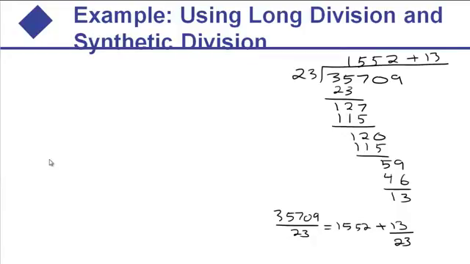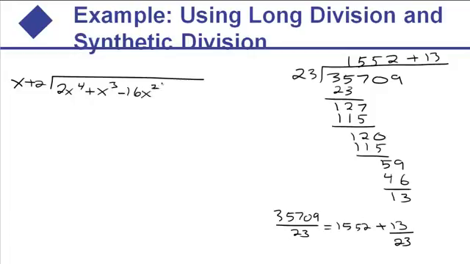Well, the same concept can be applied to polynomials. We want to take x plus 2 into 2x to the fourth plus x cubed minus 16x squared plus, and here's an important part, 0x plus 18.